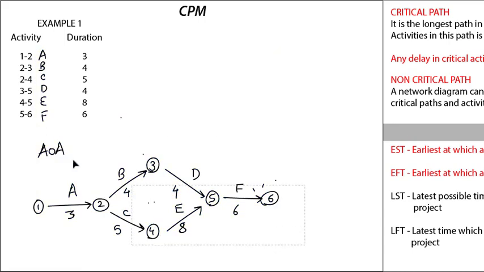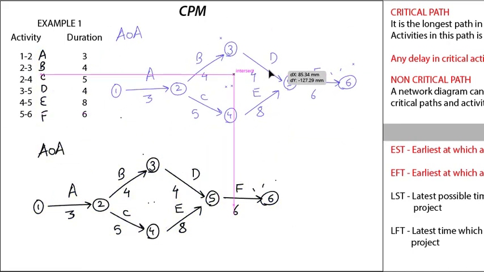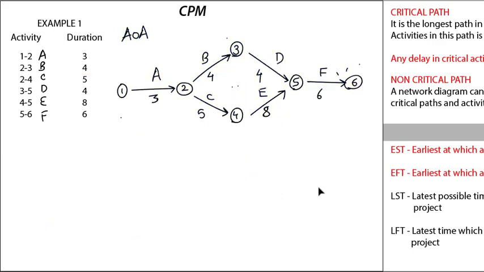Okay, so let me just group it. Okay, we will keep this aside. Now let us solve activity on node. So this will be activity on node. Okay, so nodes will be the activities. So starting with S, remember every network diagram will have one start node and one end node.